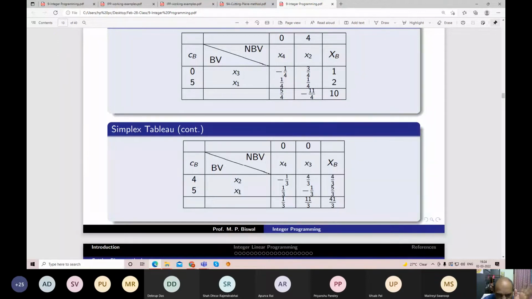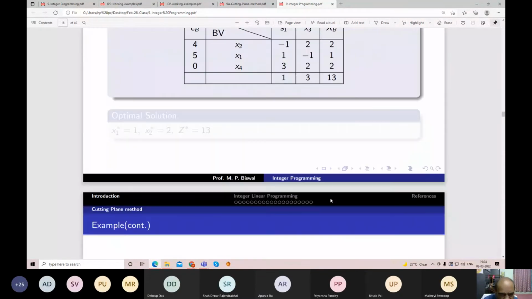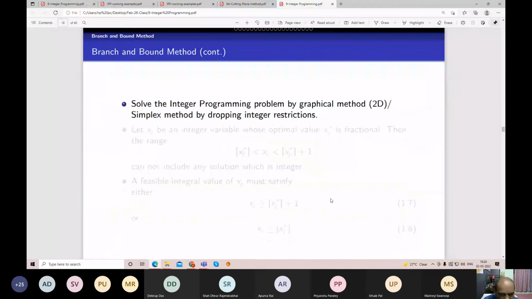We are interested in integers, but presently their value is fractional, and this table is optimal, but the optimal solution is fractional, not integer. If it happens to be integer, then you stop. Otherwise, we'll try to impose some condition. The same thing we are discussing in the branch and bound method.